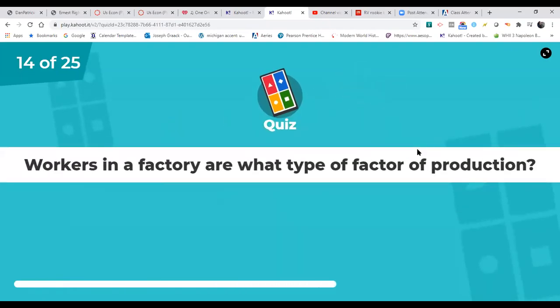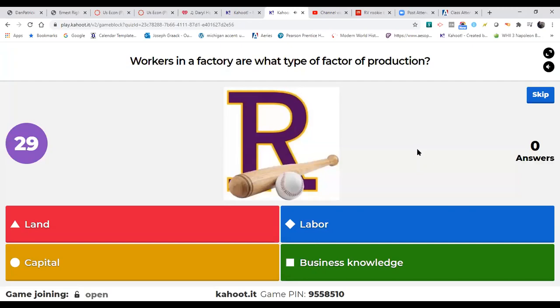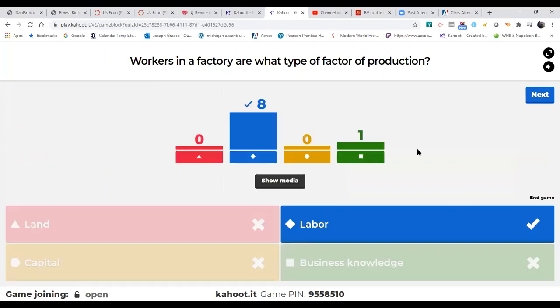Workers in a factory are what type of factor of production? Workers in a factory. Labor, right?